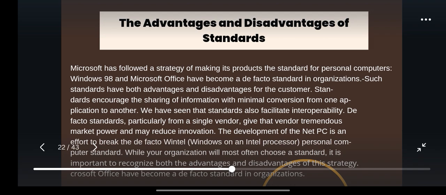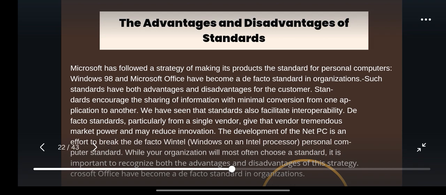Standards encourage the sharing of information with minimal conversion from one application to another. We have seen that standards also facilitate interoperability. De facto standards, particularly from a single vendor, give that vendor tremendous market power and may reduce innovation.